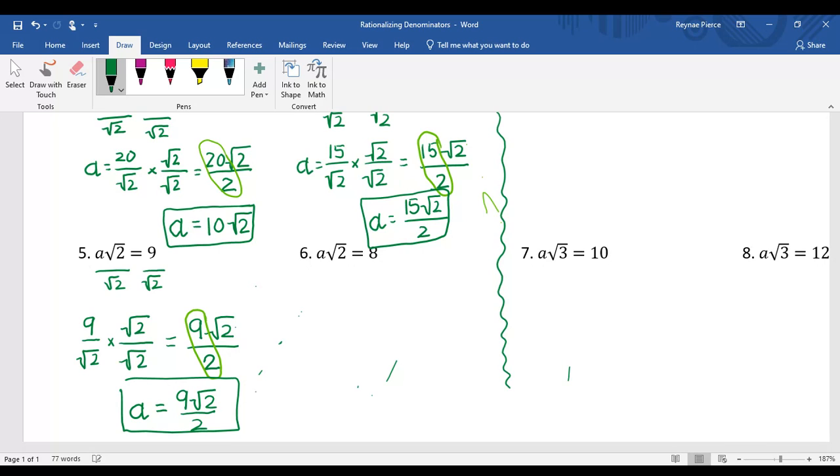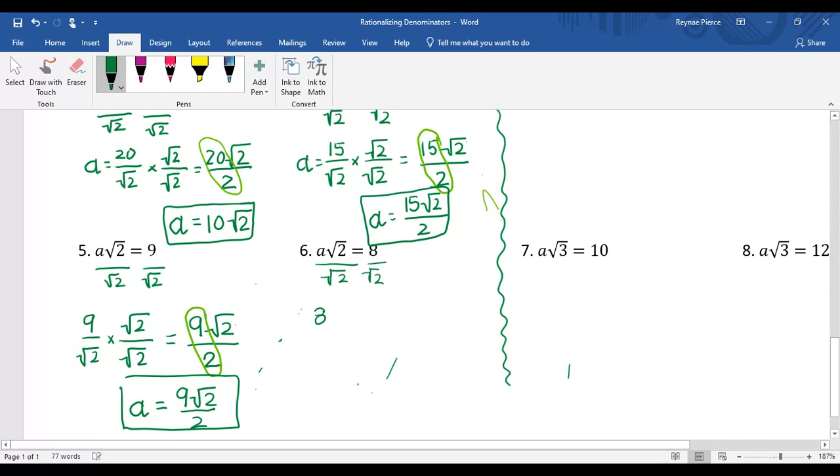Okay, last example here with the square root of 2. When we divide 8 by the square root of 2, we're still going to multiply by the square root of 2 over itself.